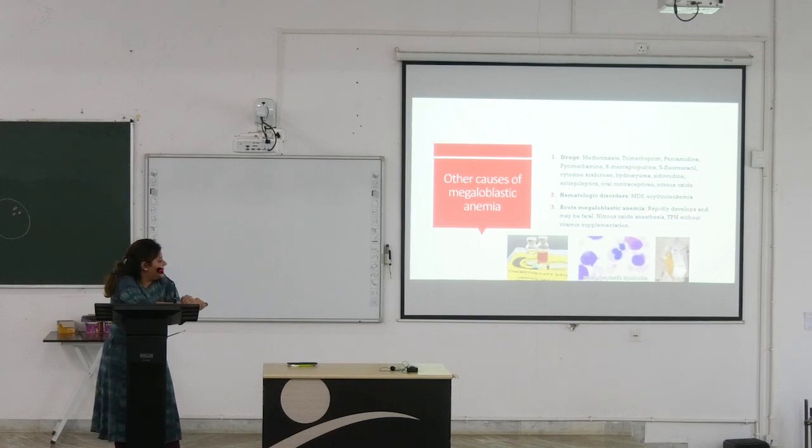It rapidly develops and may be fatal. It can be caused by nitrous oxide anesthesia or TPN. TPN means total parenteral nutrition. A person is on only IV nutrition and not getting anything orally. Then that is TPN without any vitamin supplementation.